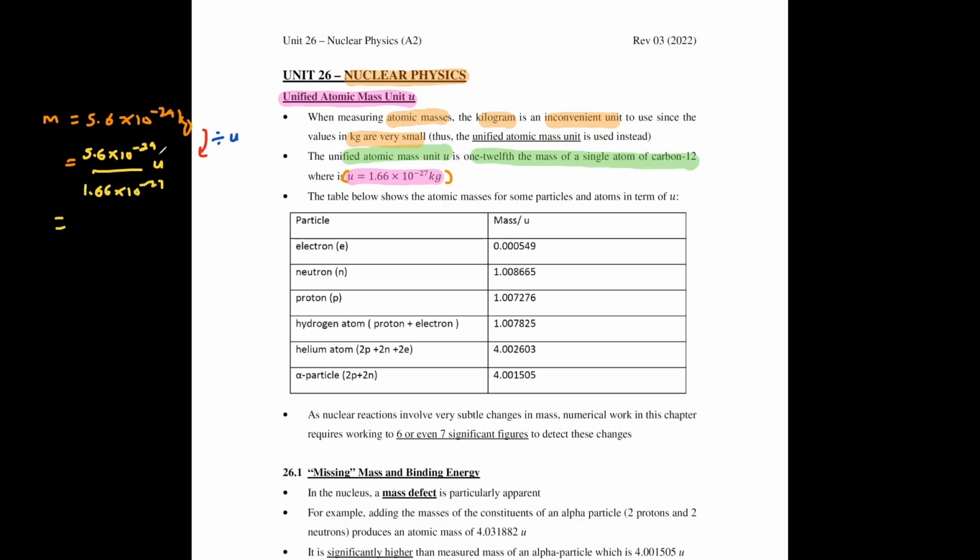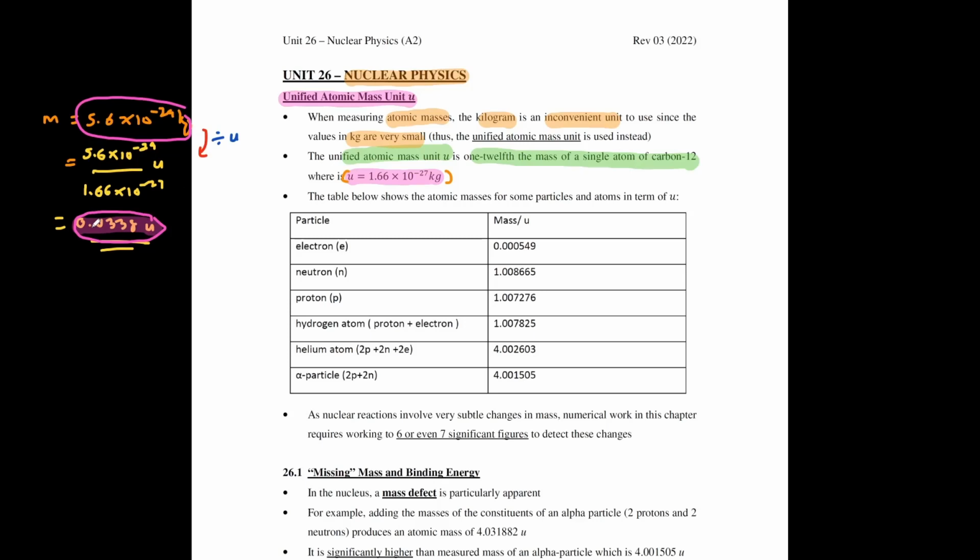You will eventually get the answer as some value. Just let me calculate it out. It will be 0.338 U. Okay. Now you compare looking at the masses in this form versus this form. Looking at it in this form seems to be more convenient. That's what they say. All right.